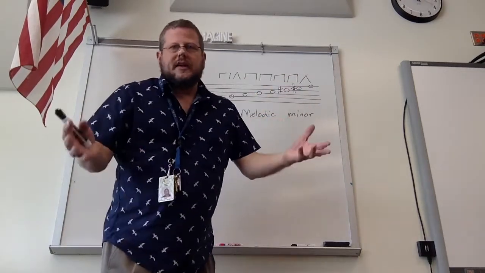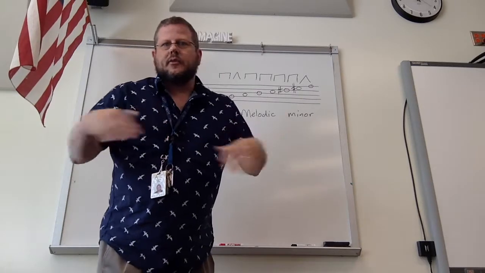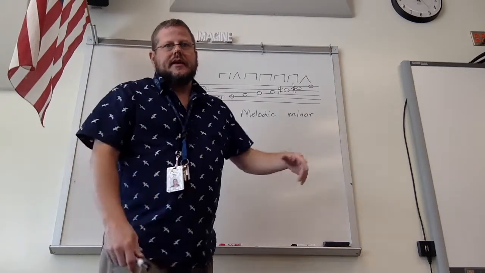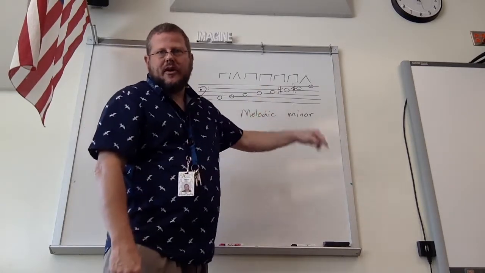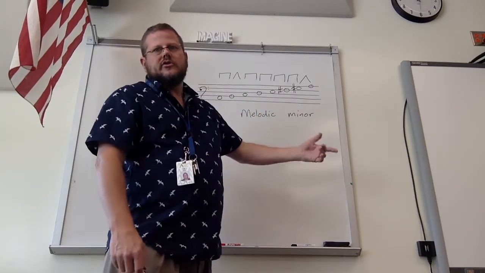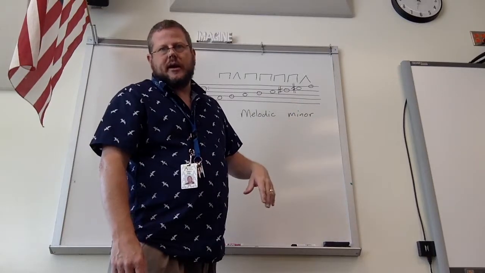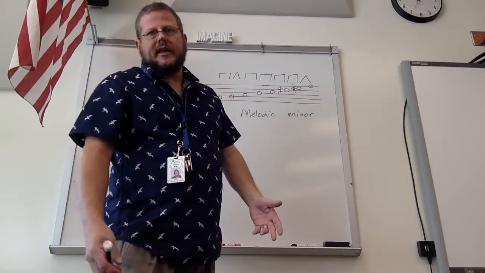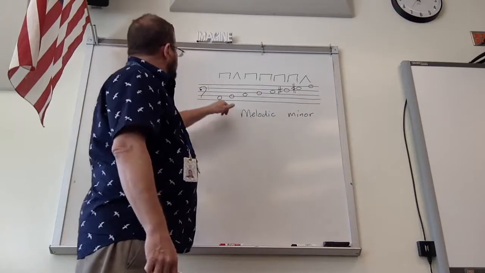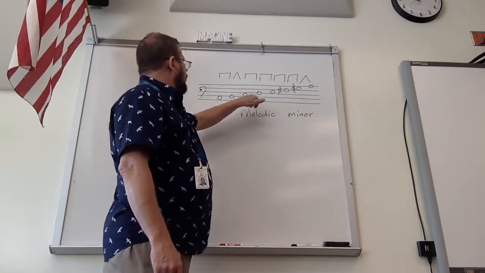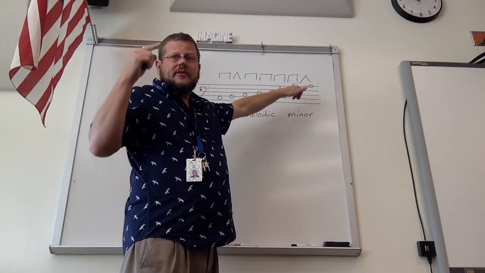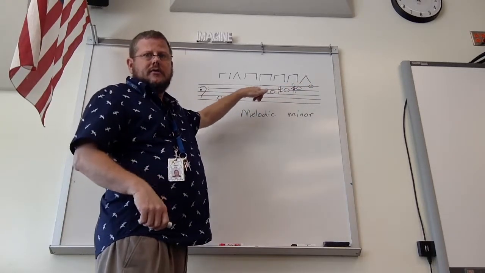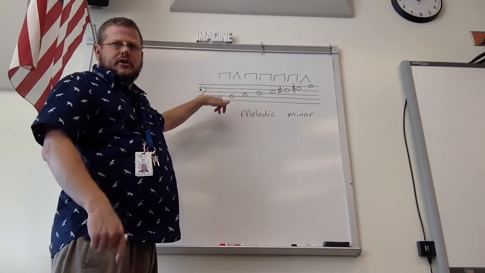Now, the weird thing about the melodic minor that is different from every other scale is, as just a musical convention, on the way back down the scale, we usually convert it back to natural minor. So when we sing or play this scale, we would go La, ti, do, re, mi, fi, si, la, sol, fa, mi, re, do, ti, la.